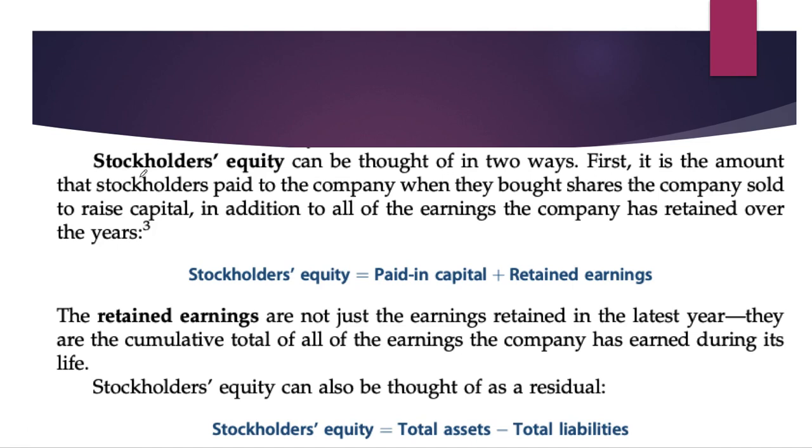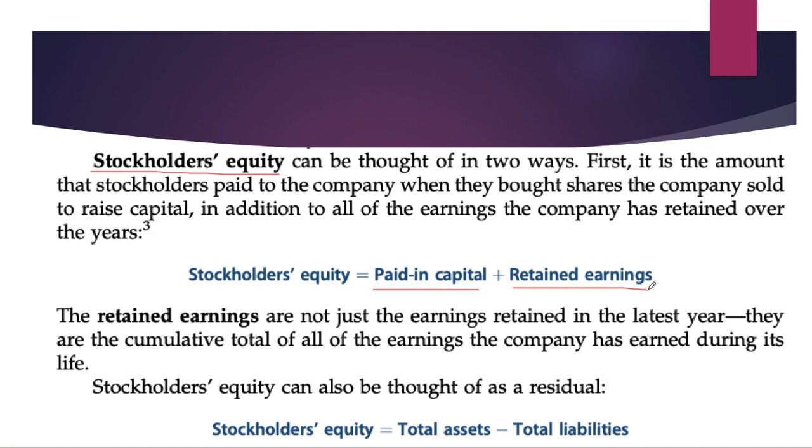Stockholders' equity, we can think of this in two ways. First, this is the amount the stockholders paid to the company when they bought shares the company sold to raise the capital, like an IPO, for example. In addition to all of the earnings the company has retained over the years. So the stockholders' equity is written as paid in capital plus retained earnings.